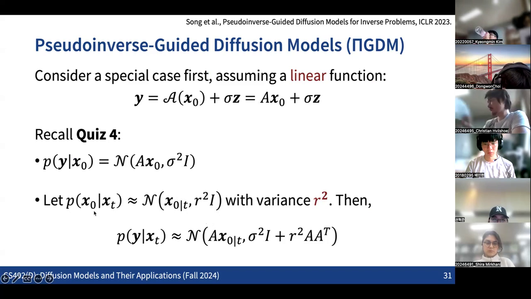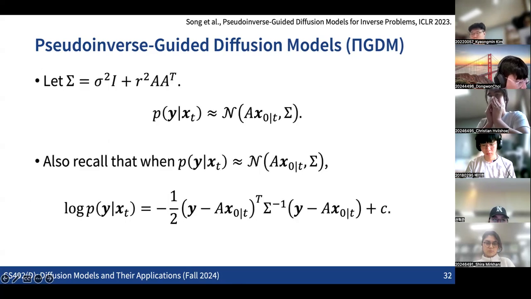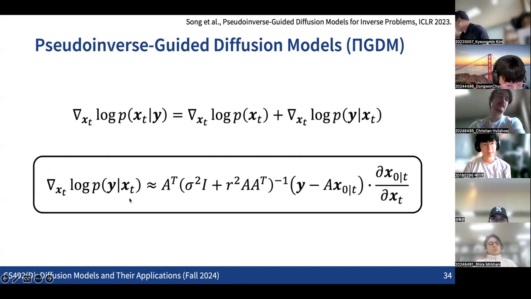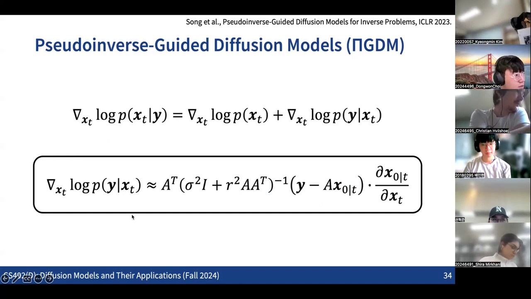If we model this conditional distribution in this way, then from this assumption we can calculate the score of y given xt. And it's basically a matter of modifying our noise prediction with this extra score term, in that we are giving some kind of guidance in the denoising process. Does it make sense?